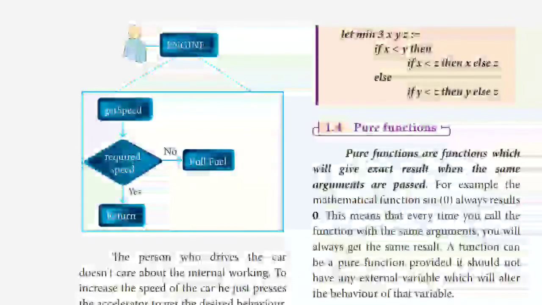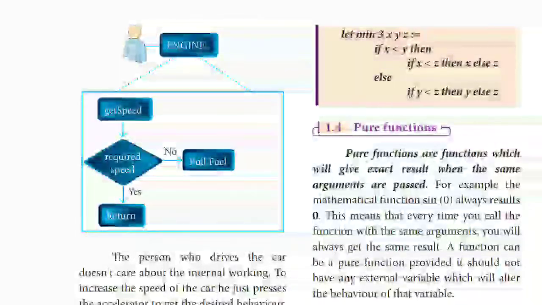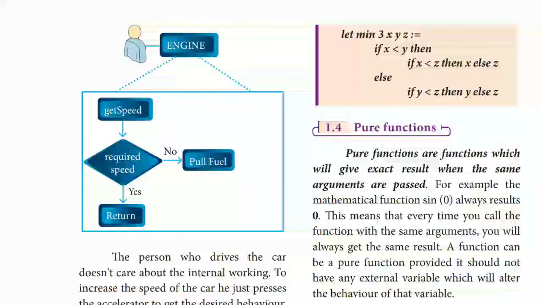Here the engine gets speed, so if the engine wants speed, then it will require fuel. If it doesn't require speed, then it will not require that much fuel. So this kind of data is used here in this implementation.